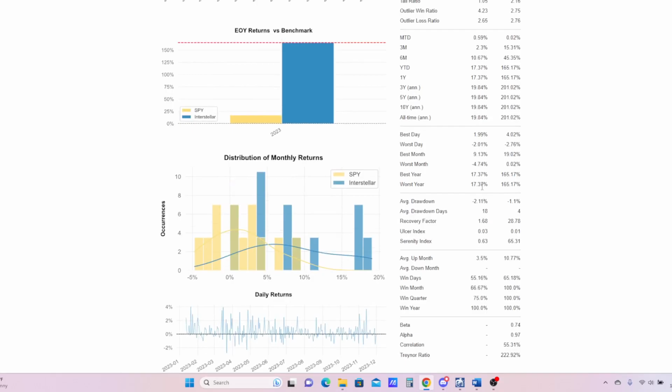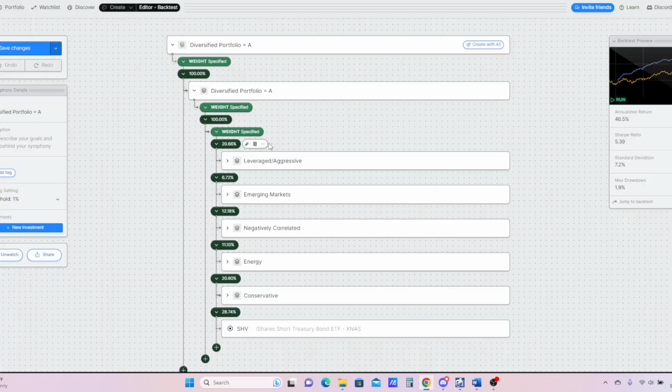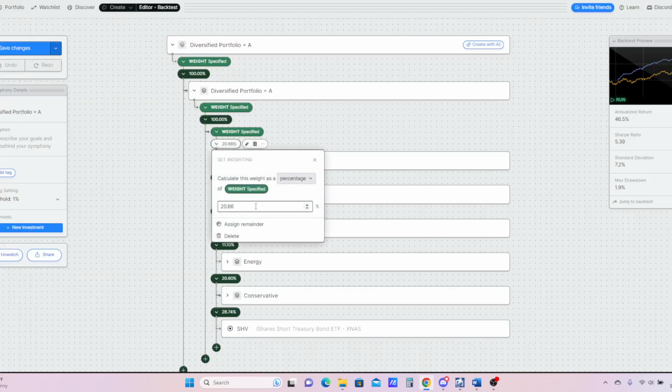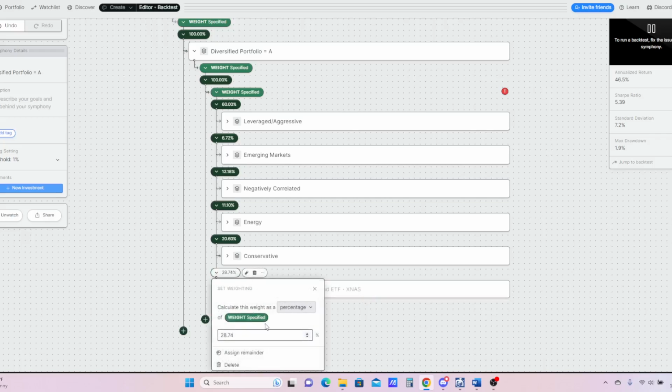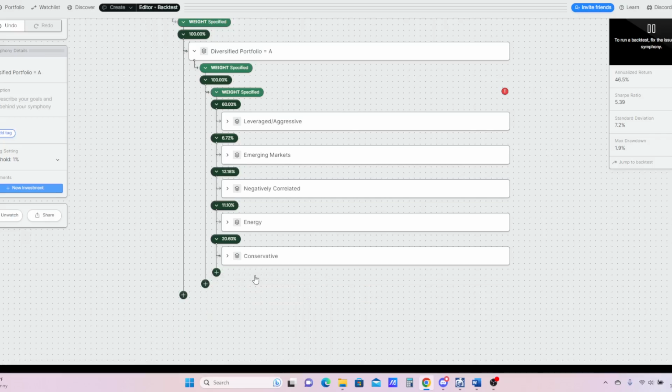A lot of these stats are a result of proper position sizing, because you could be oversized in some symphonies and undersized in others, and that could make your account be way more volatile as well. So, if I put, let's just say I did 60% in the aggressive ones on here, and then I reduced, actually I could just get rid of this altogether.